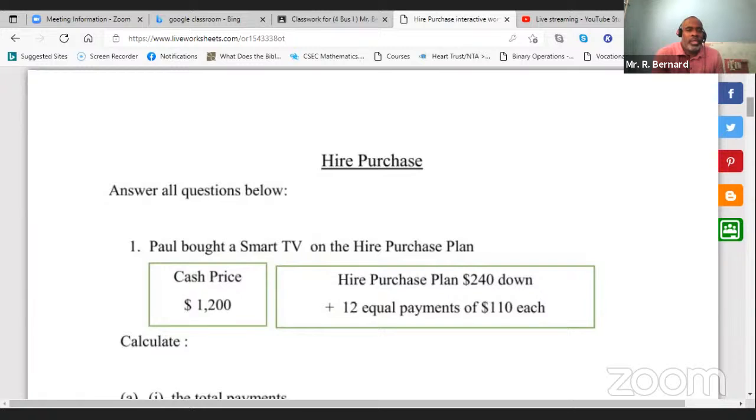So Quartz offers goods on hire purchase. Anybody else know? Anybody else?